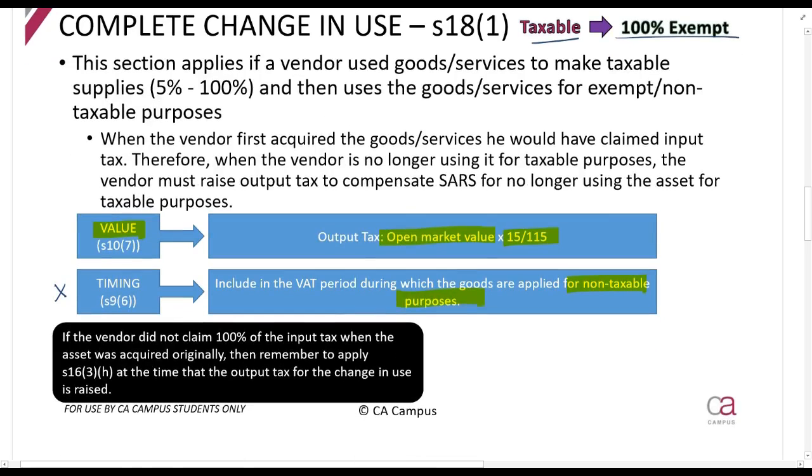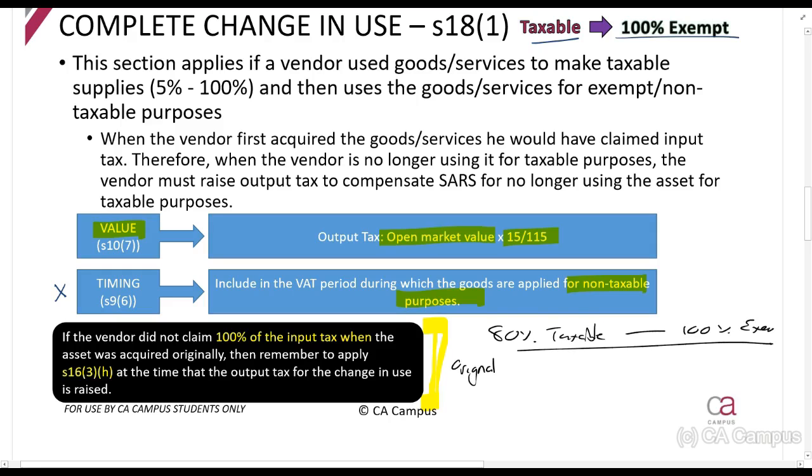Now guys, if you did not claim 100% of the input VAT originally, you can apply section 16.3H again. Again, you can see section 16.3H pops up all the time. So if it goes from 80% taxable to 100% exempt, what would you do?